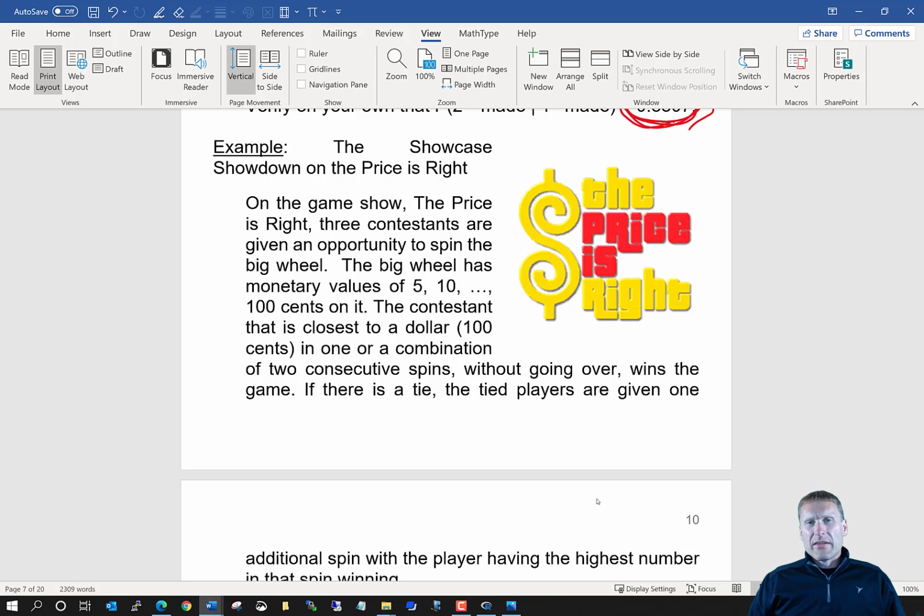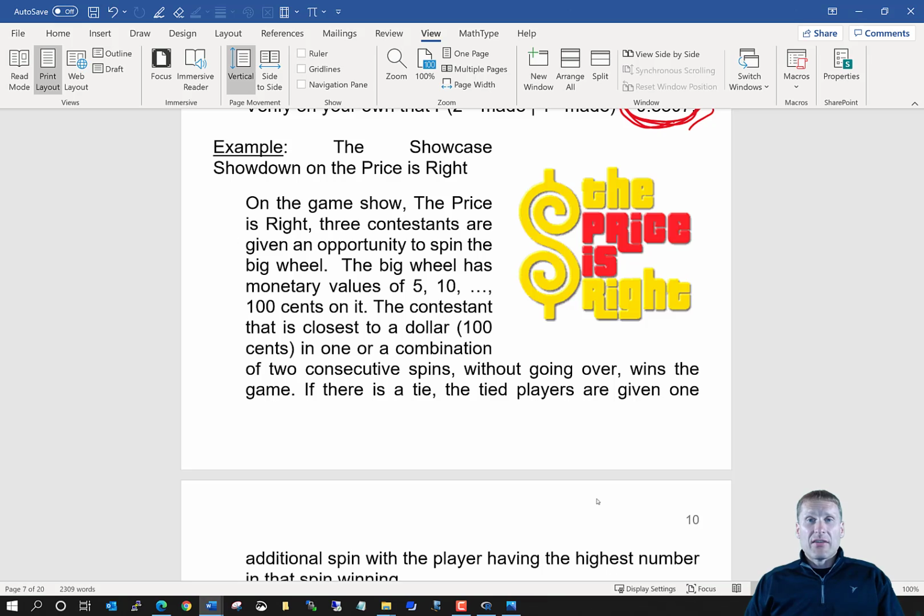And the way this game works is as follows. You have 3 contestants that are trying to win the game. And the way that you win the game is that you spin this big wheel that has values of 5 cents, 10 cents, 15 cents, all the way up to $1 on it.